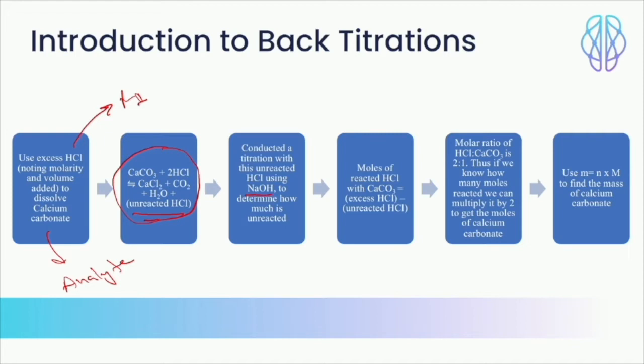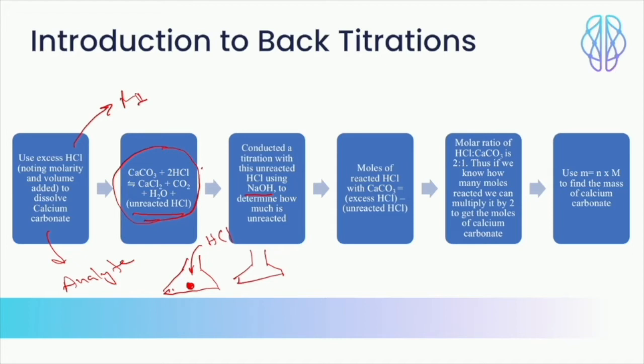So if you can imagine, I might have a beaker, this is a beaker. I have my rock of calcium carbonate, and I've just dumped a bunch of HCl in. I now have a beaker with all these things.